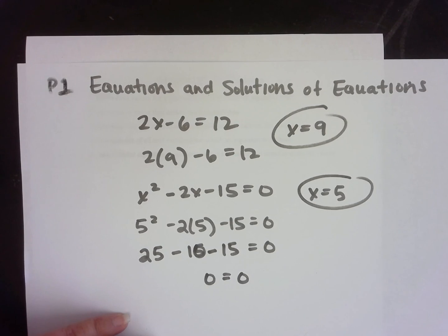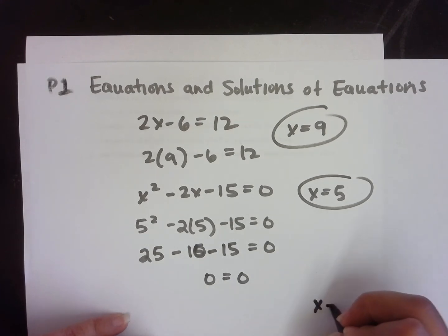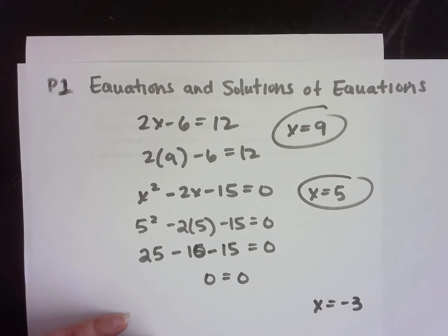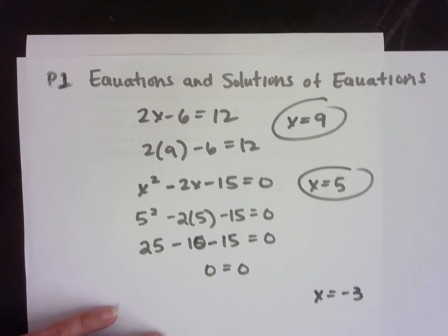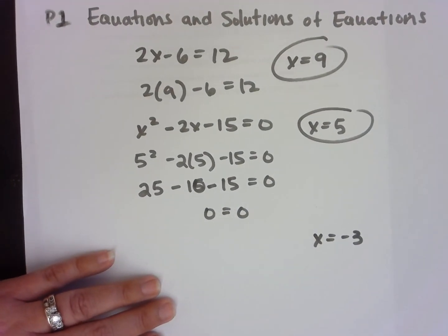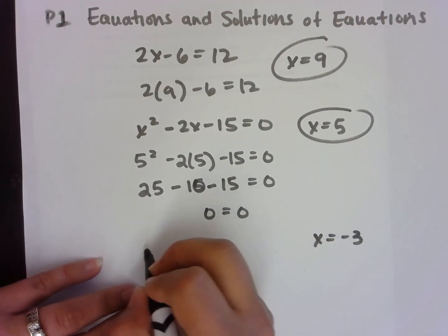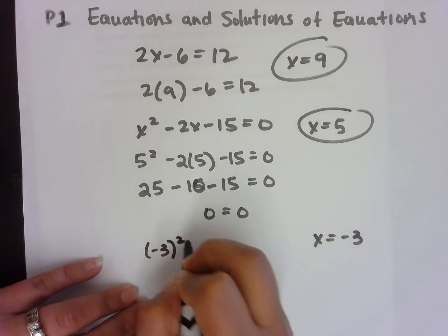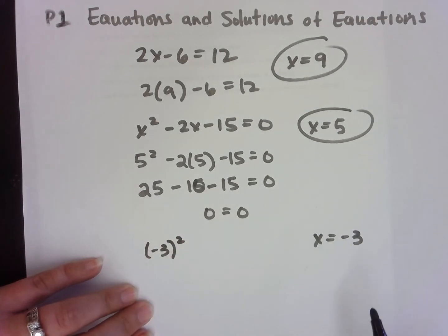This one also has another solution. x equals negative 3 is also a solution because if I try it, let's see what happens. I'm plugging my negative 3 in for x. I have negative 3 quantity squared. Whenever I'm plugging a value in for x squared, I always treat it like it's in parentheses.